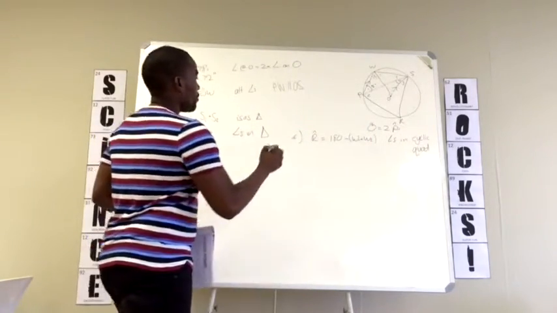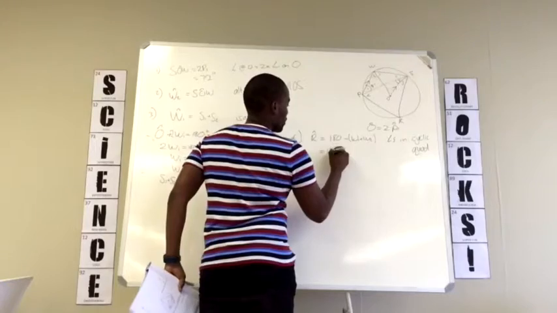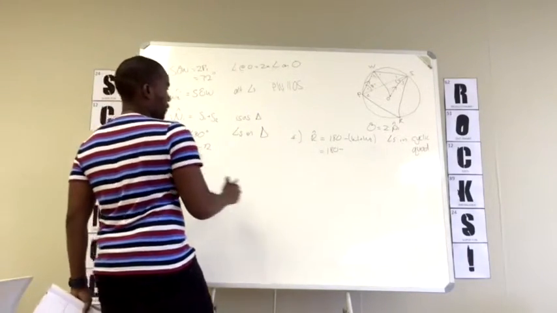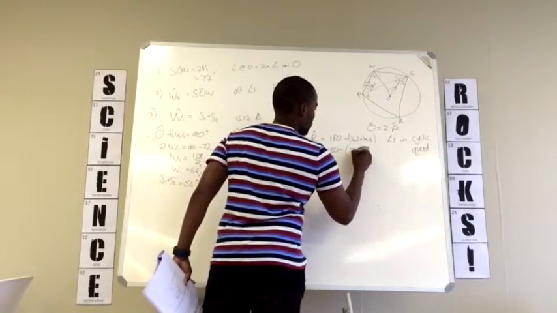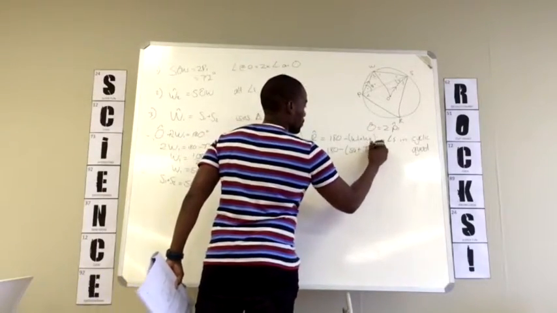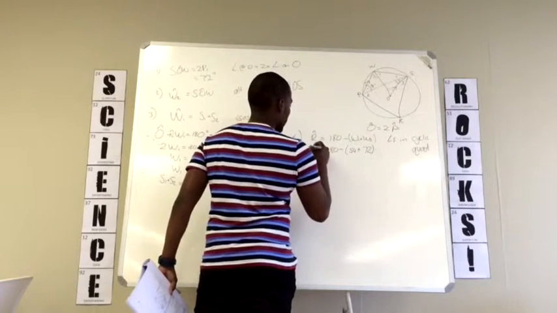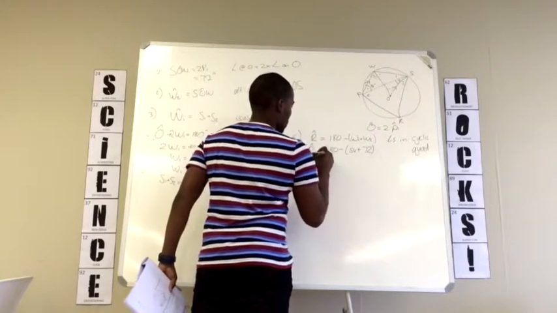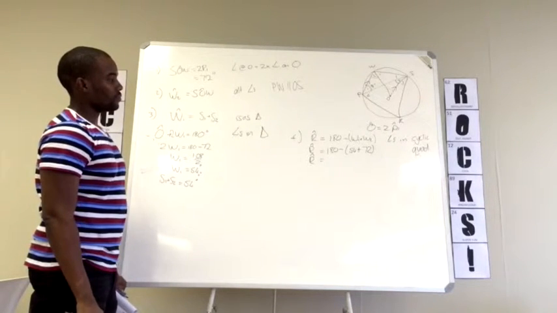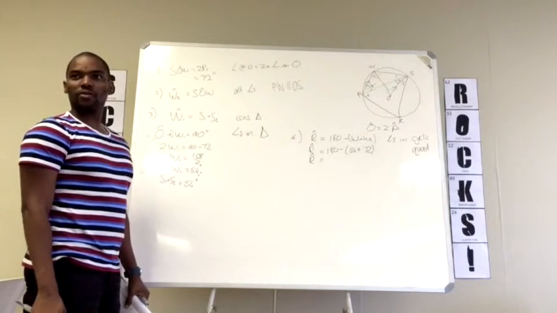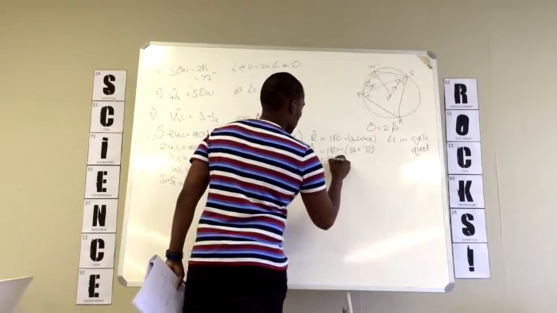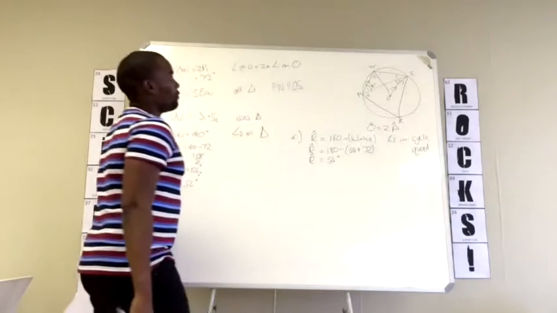So that's going to be 180 minus W1, we said was 54, W2 we said was 72. Someone give me an answer for this quickly. 54 degrees.